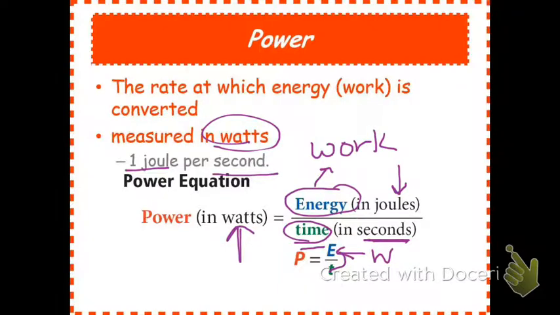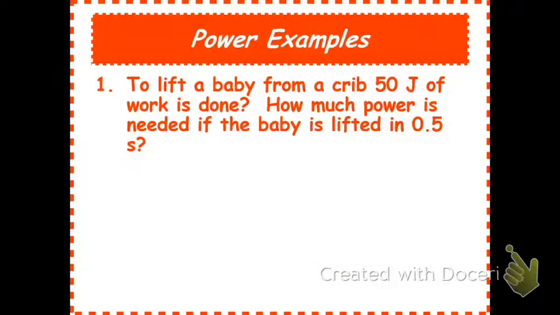Okay, so let's look at some example problems of using the PET equation. As I already said, you have the PET equation. So I have power, energy, time. Lifting a baby from a crib takes 50 joules of work, and how much power is needed if the baby's lifted in 0.5 seconds? So we have 50 joules of work.